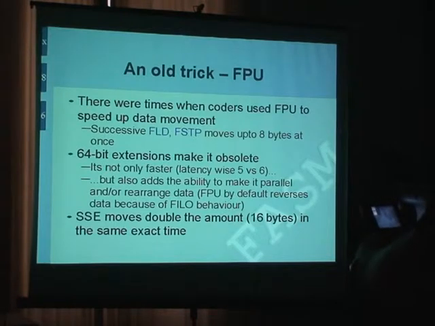And another problem is that when you load something in the floating point unit, it's a FILO architecture, so you push it like on a stack, and you can only get the last one, not the other order, and shuffling them again takes time, and so that's slower.